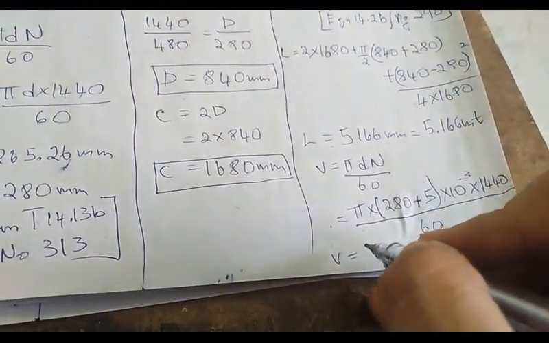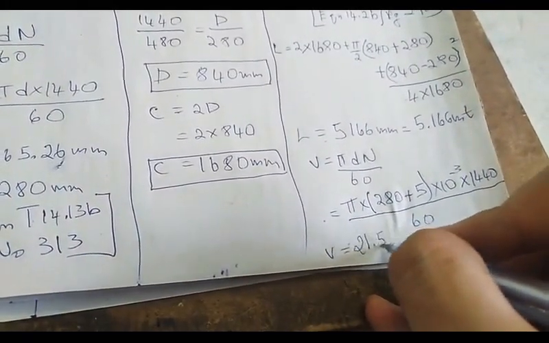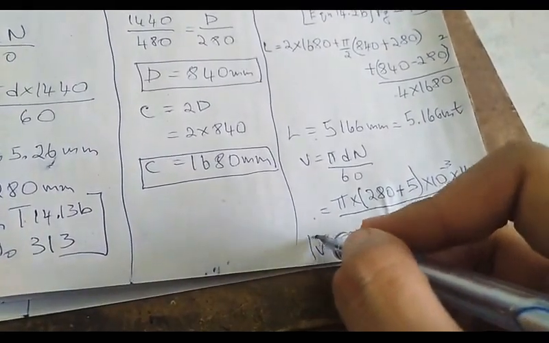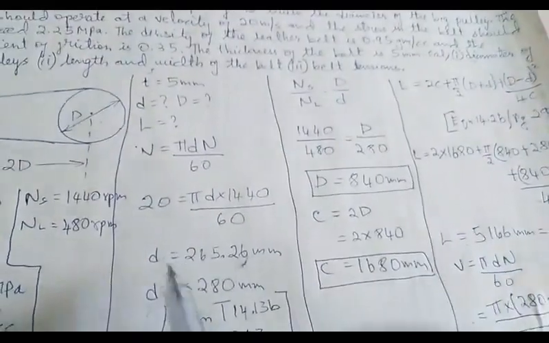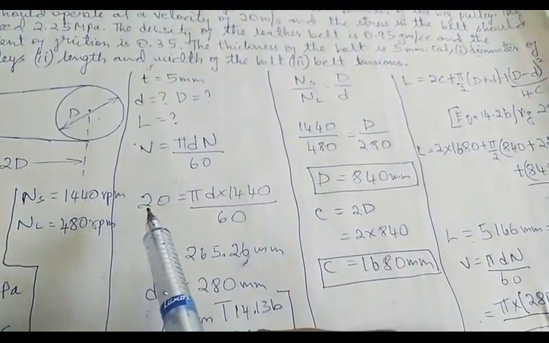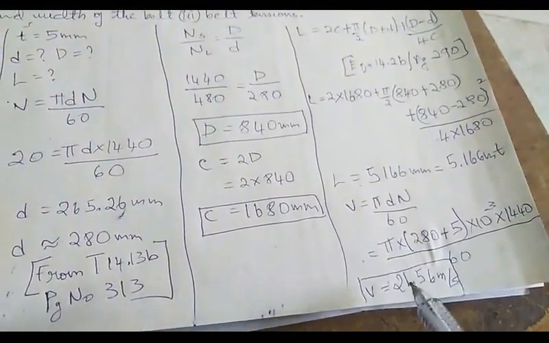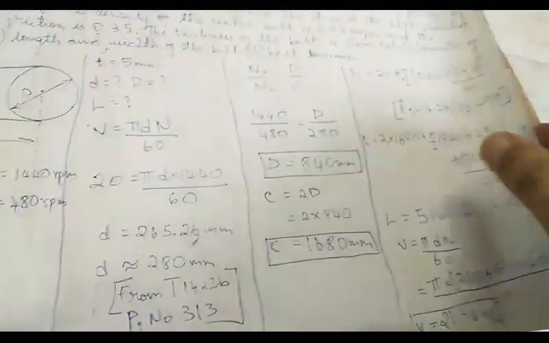So here we have found out the velocity. They had given velocity in the question, but we have considered the diameter and thickness, and we have found out the actual velocity. So it is 21.56 meter per second.